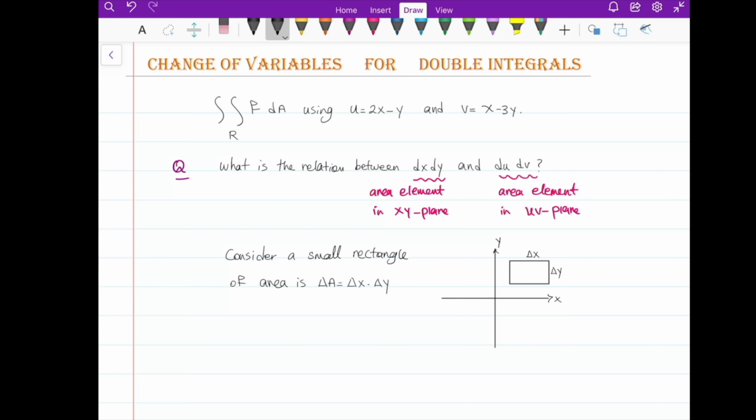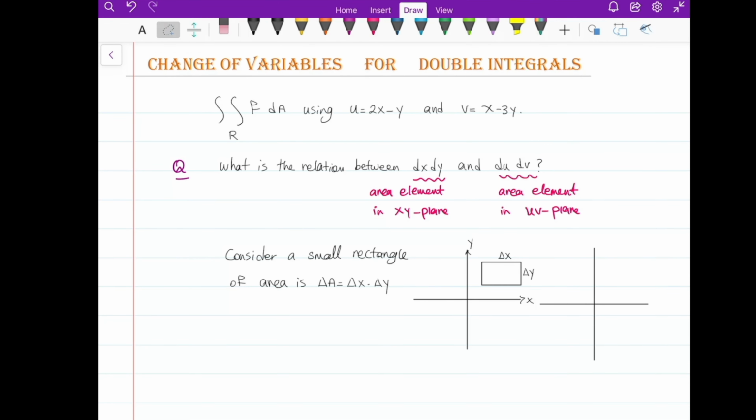In the UV plane, I'm going to move this one a little bit so that I have space for the UV plane. U-axis, V-axis. So this rectangle in the UV plane becomes a parallelogram like this.